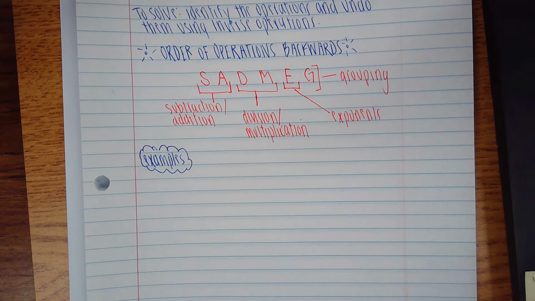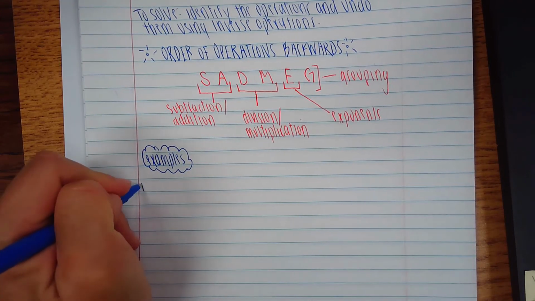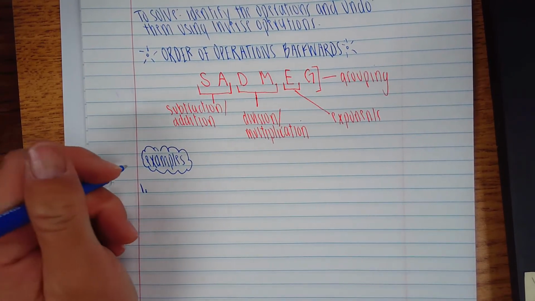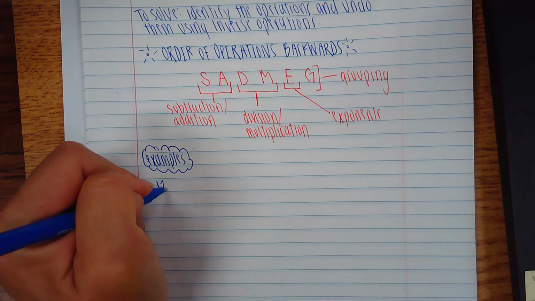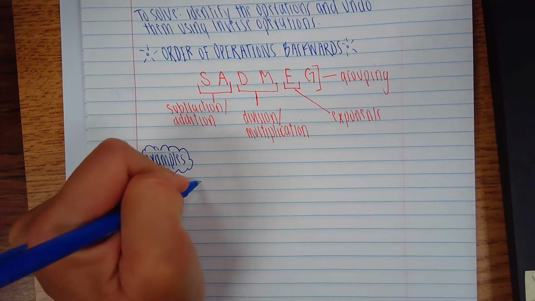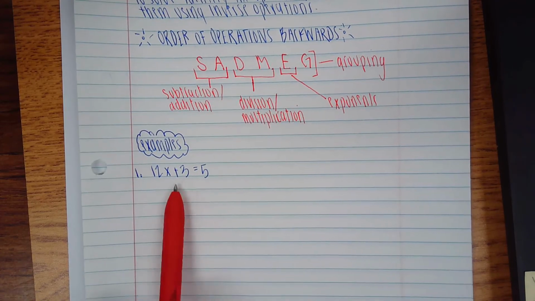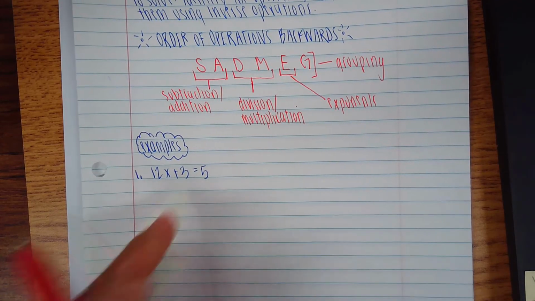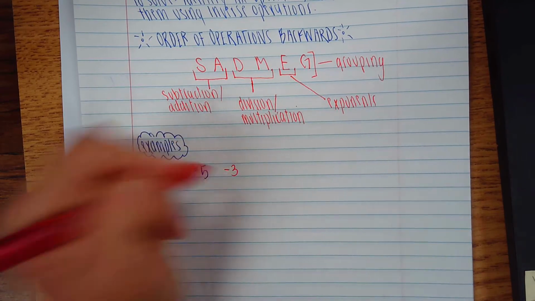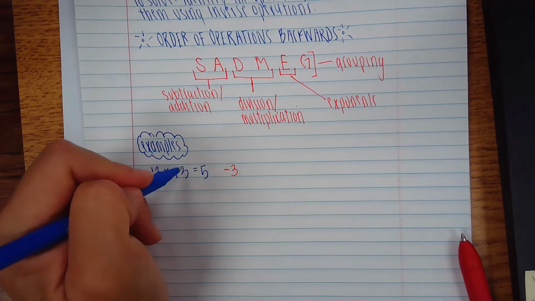Okay, so let's do 12x plus 3 equals 5. All right, now if I look here, I want to undo this plus 3, so I'm going to minus 3. That's going to be my first step.